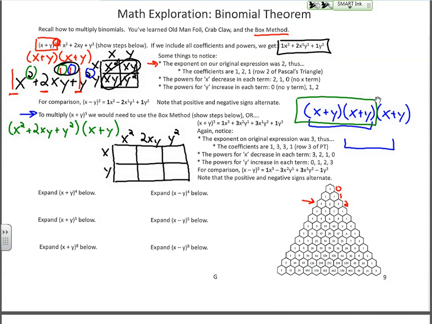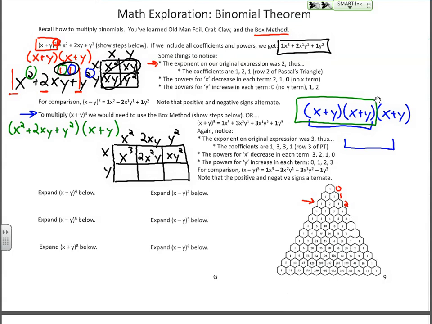Okay, so going to multiply this, our top left box here, x times x squared is an x cubed. The next one over, x times 2xy is a 2, x times x gives us x squared, and then we have the y. The last box here, x times y squared is x y squared.